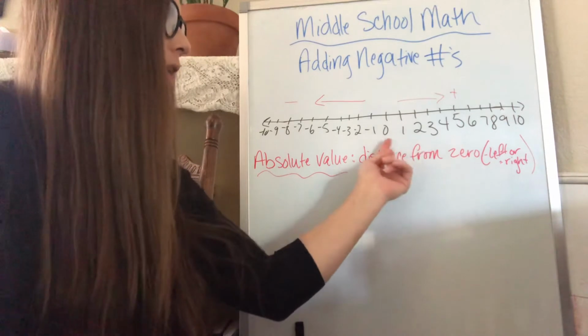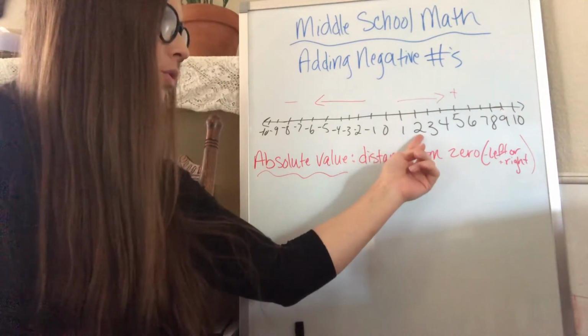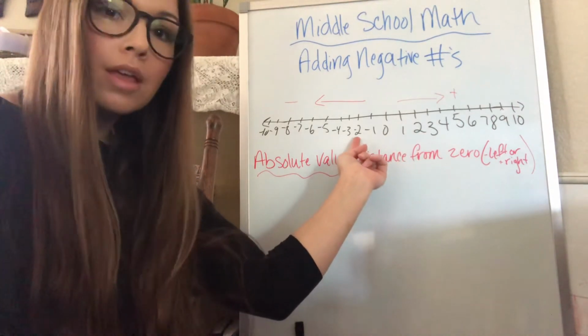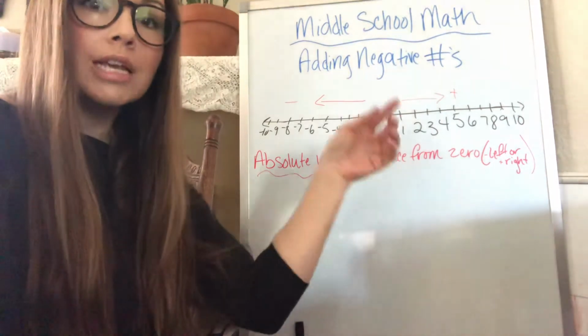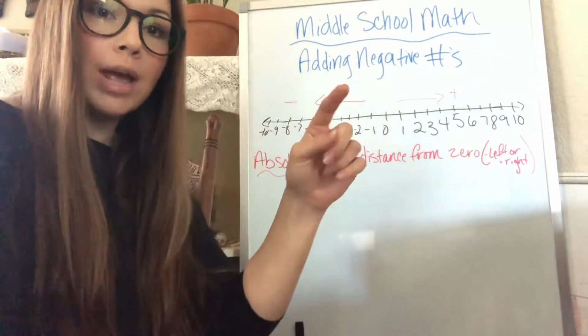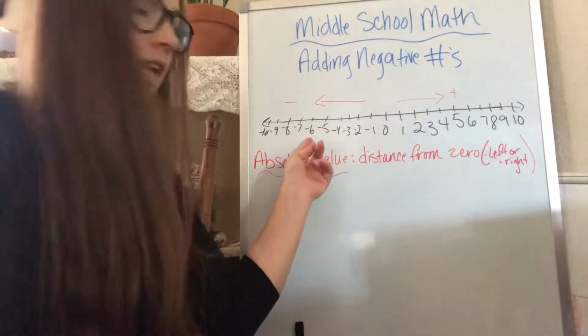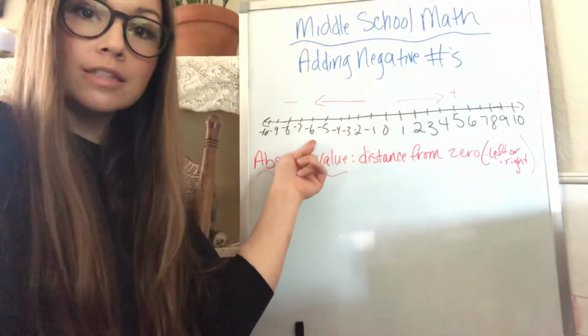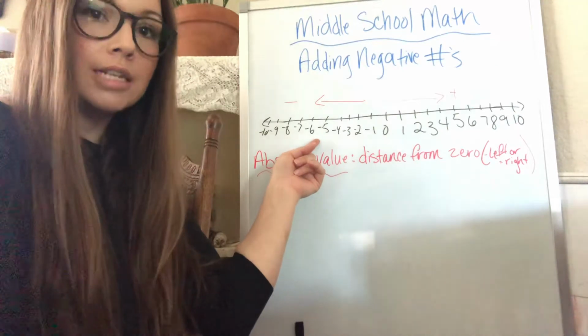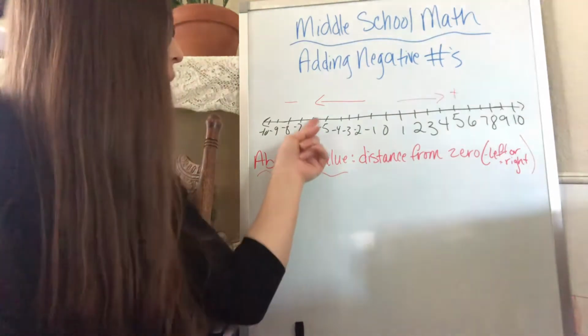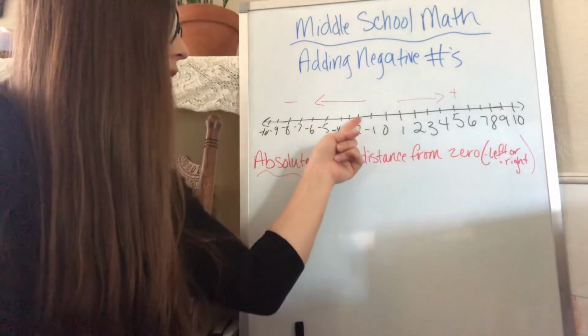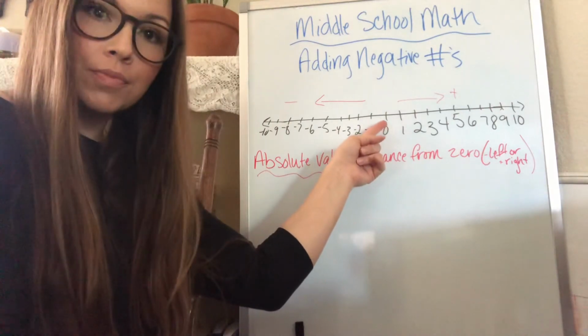So whether I'm at 2 or at -2, the absolute value is 2, because either way the distance from 0 is just 2. Same goes for -6. The absolute value of -6 is the distance from 0, which is 1, 2, 3, 4, 5, 6.